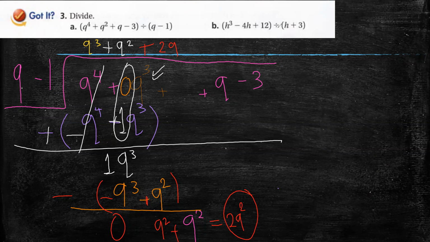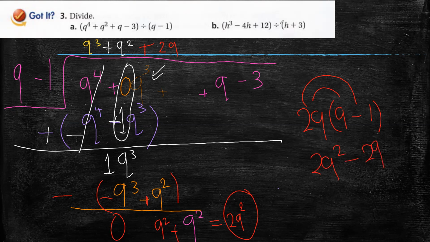Then let's multiply 2q now with the q minus 1. Divide by the first term, multiply by the whole term. So 2q times q is 2q squared, and 2q times minus 1 is minus 2q.